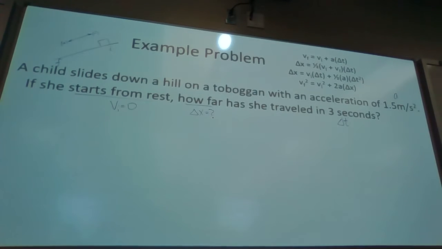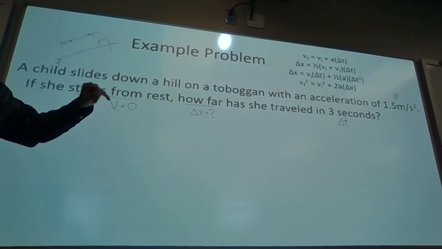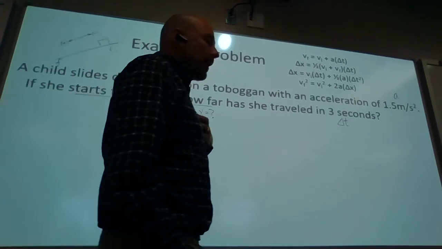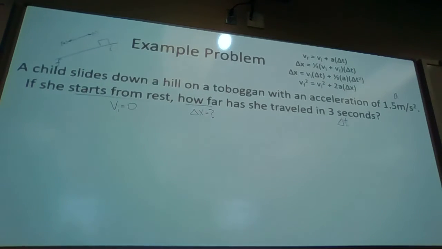Now, here's a popular wrong approach for rookie physics students. When you see a problem, you think, oh, I wonder what equation I should pick. You're looking for the right equation prematurely. Do the setup, figure out what variables you have. For me, I hate shopping, I cannot stand it. I hate going into a store not knowing what I want to get.